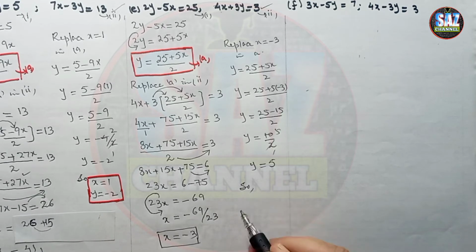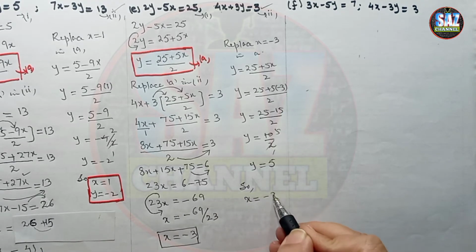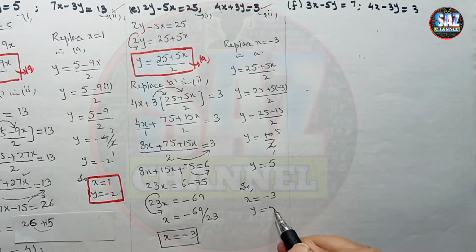So the solution for this question is x equals minus 3 and y equals 5.